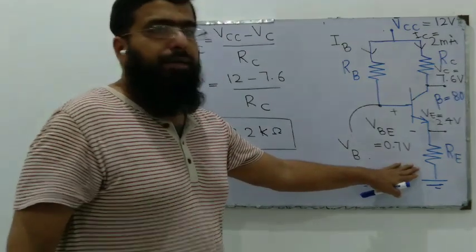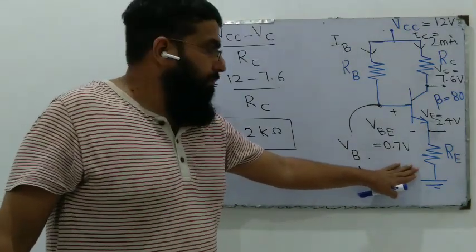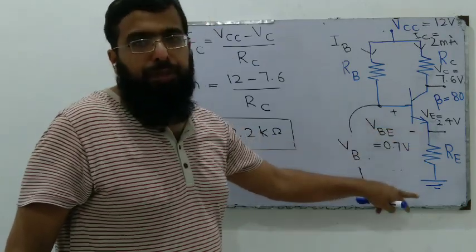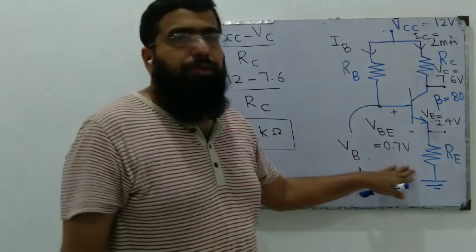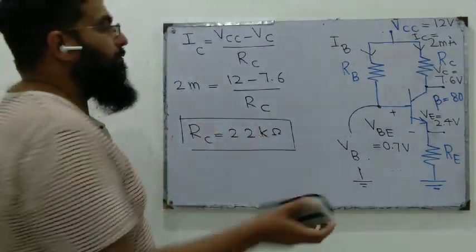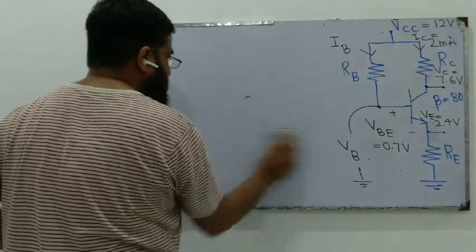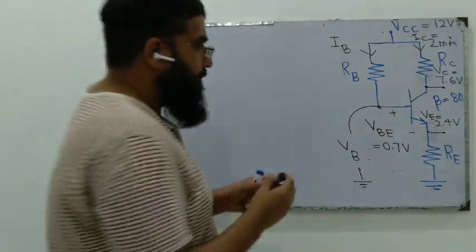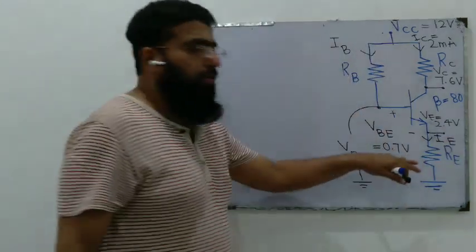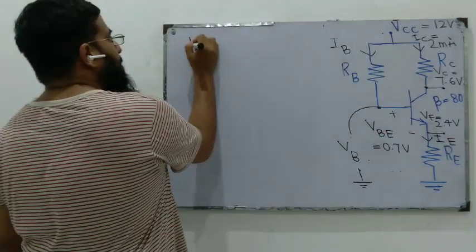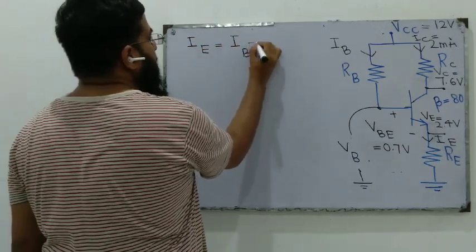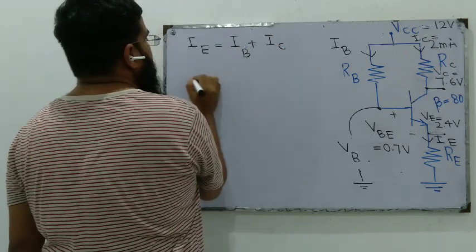Lastly, we have to find the value of RE. We know the voltage drop across it, 2.4 volts. If we somehow know the current flowing through it, we can apply Ohm's law and find RE. Let's see what is the current flowing through RE, the emitter resistor. We already know that it is IE, and we also know that IE is IB plus IC.